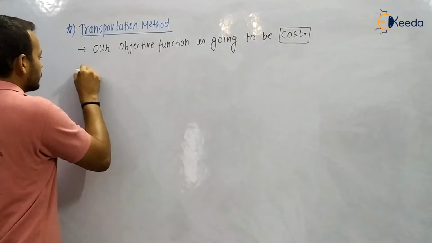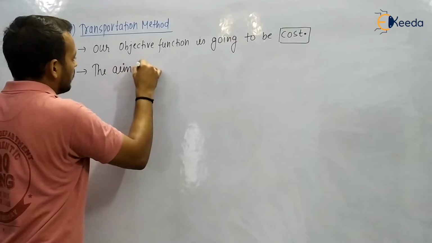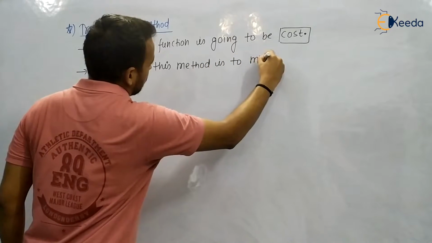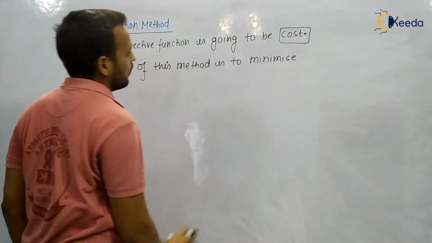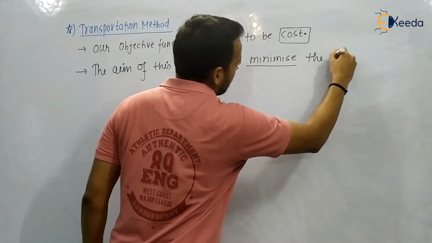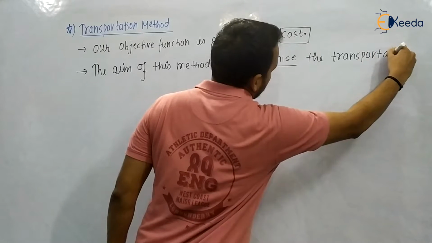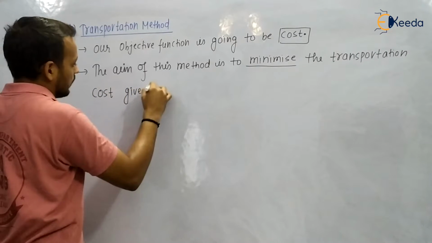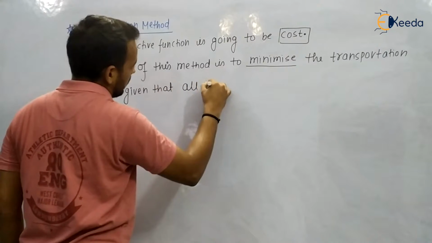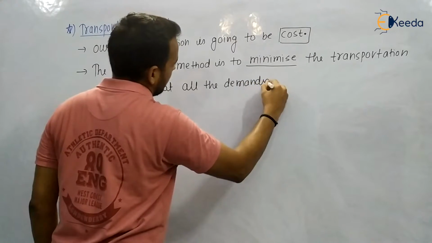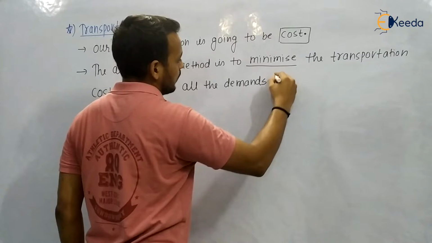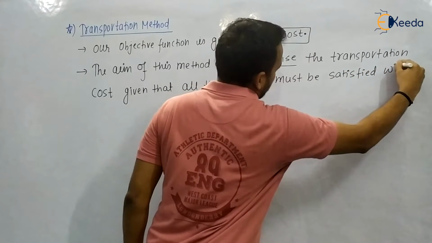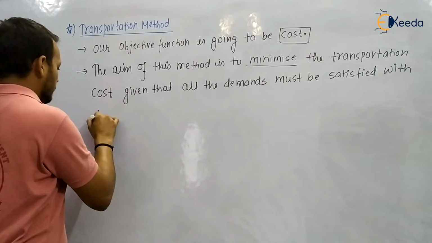I'm just writing the statement. The aim of this method is to minimize the transportation cost, simply cost or transportation cost, given that all the demands must be satisfied with the supply.